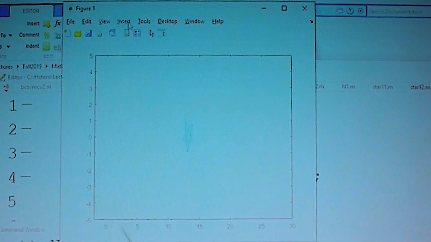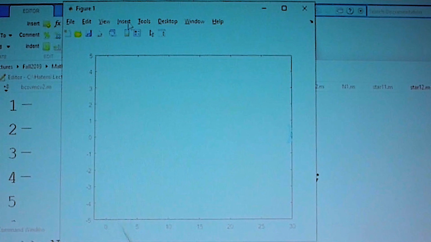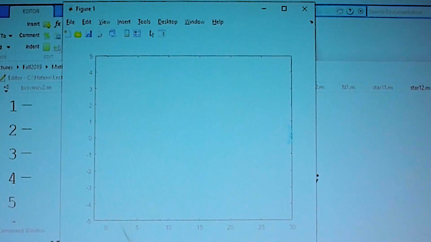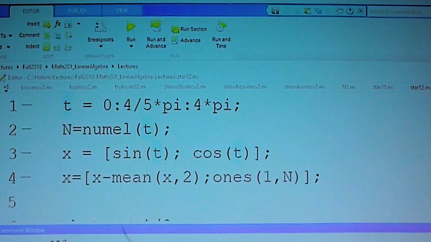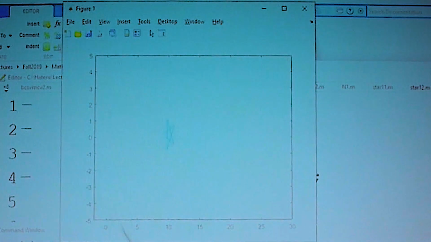What about this one? Reflecting about... no, it is rotating about the x axis. This is actually the effect of rolling. You are rolling the star.